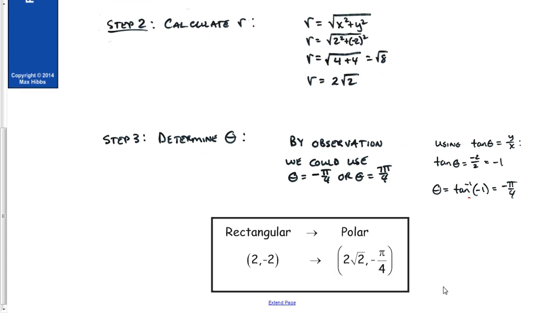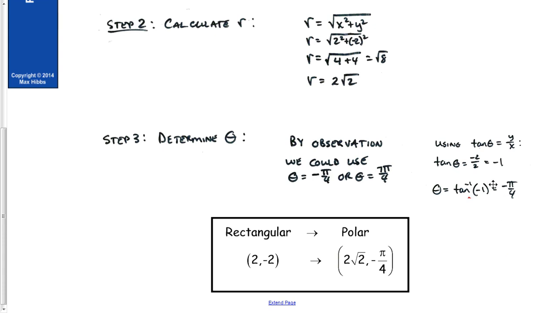Now, I need to make another point about this, but here's what we've got so far. We found our r value is 2√2, and we found at least one way to determine this: we could use -pi/4 as our angle. Let's remember the inverse tangent is always going to give a result between -pi/2 and +pi/2.